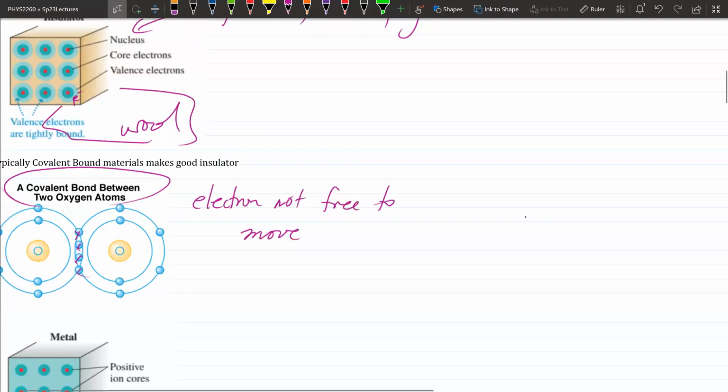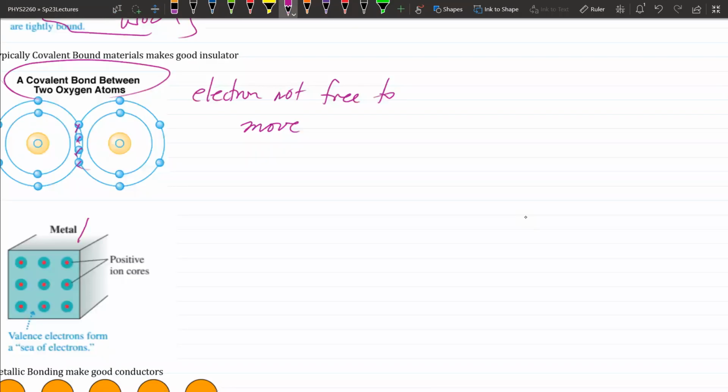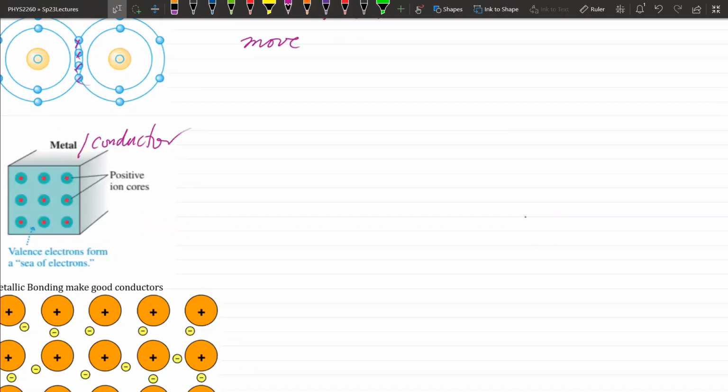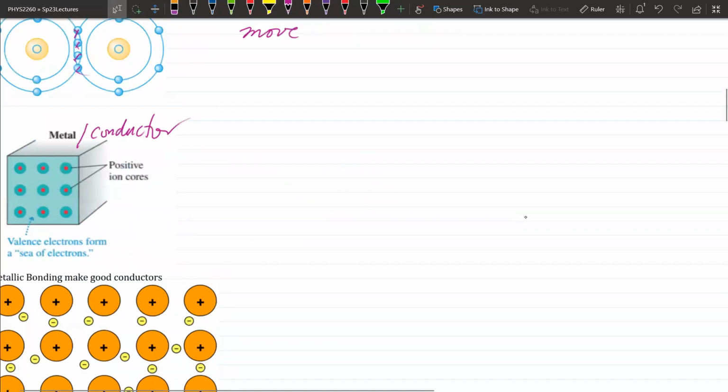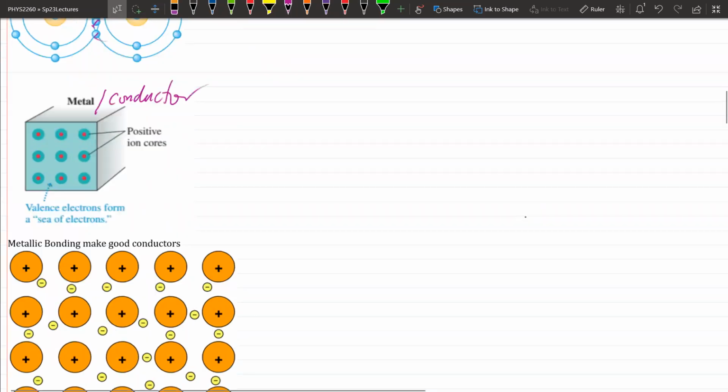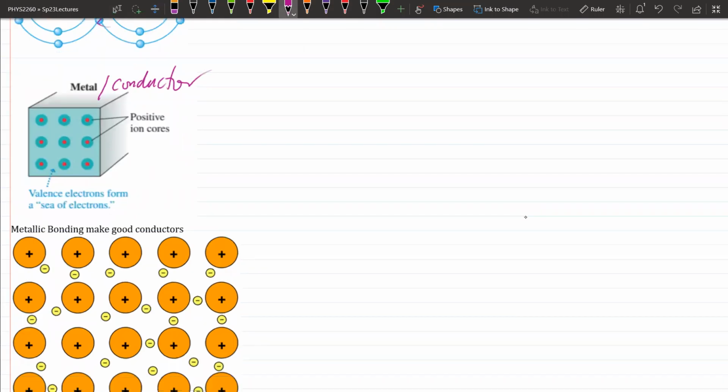But on a metal or conductor, because you can use them kind of synonymously, basically almost all metals are conductors. Instead of the electrons being bonded to each of the atoms, these electrons are kind of free to roam around. So this is the nucleus, and these are the electrons.